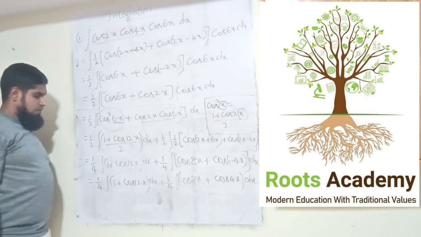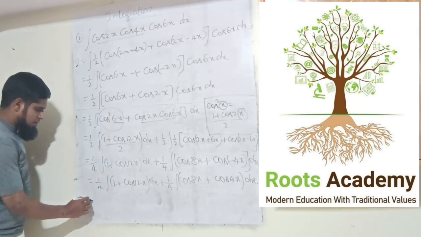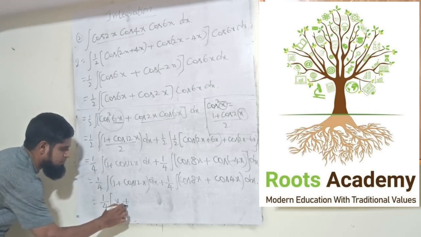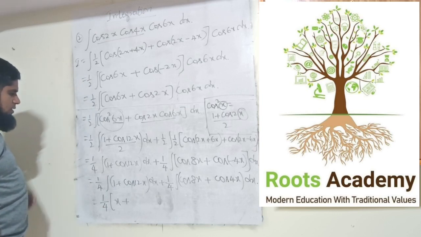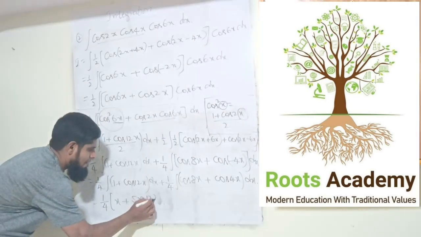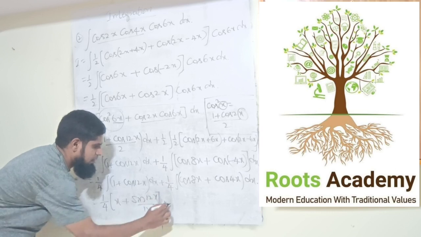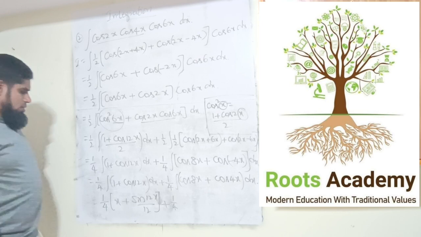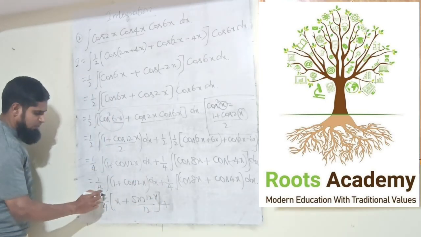Now let us do the integration of all these terms. Integration of one is x, plus integration of cos 12x, which is sine 12x by 12, close the bracket, plus 1 by 4. Or easily we can take 1 by 4 common here, this 1 by 4 and this 1 by 4.